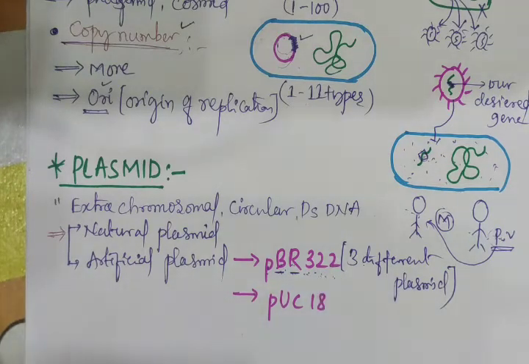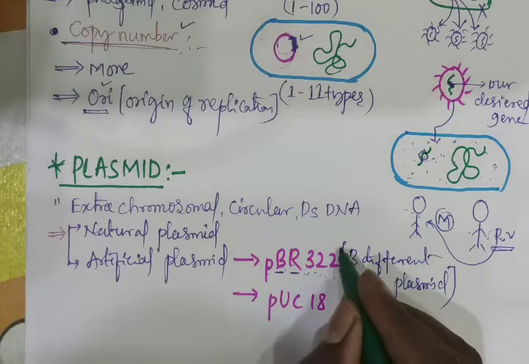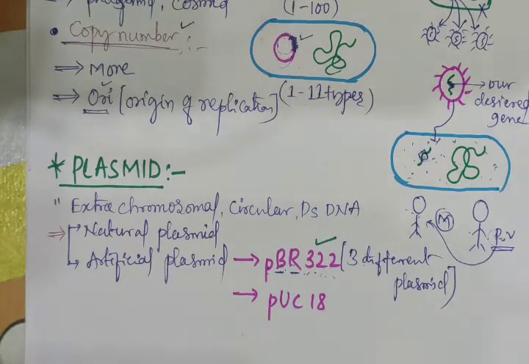And for our syllabus, we are majorly given this plasmid, pBR322. One more plasmid we can use is pUC18. pUC18 means a plasmid produced in the University of California, and its order is 18th. We can use this one also, but majorly we are using pBR322.